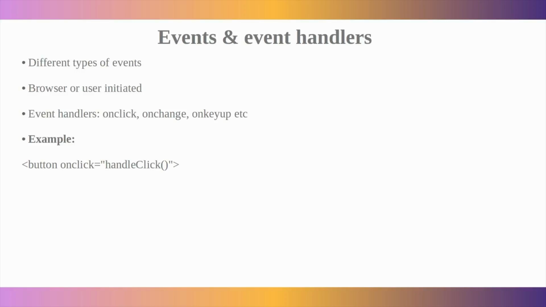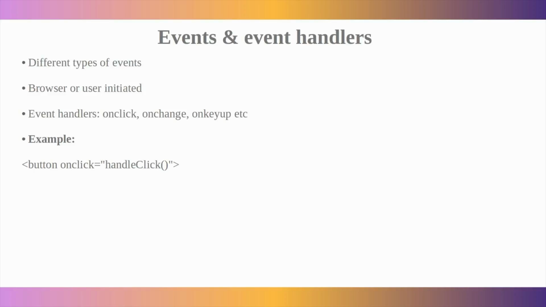The DOM event we've been using so far is a user clicking on buttons to do something. And when an event occurs, event handlers, as the name suggests, will handle the event. And event handlers execute functions in response to an event. They usually start with the word on followed by the name of the event that occurred.